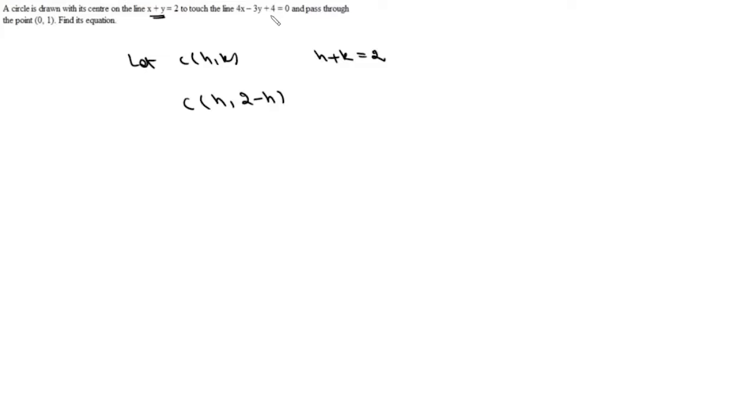Now this circle touches this line, and we know that the condition of tangency is that the perpendicular distance from the center must be equal to its radius. So the perpendicular distance from the center to this line will be |4h − 3(2 − h) + 4| / √(4² + 3²), and it will be equal to its radius.